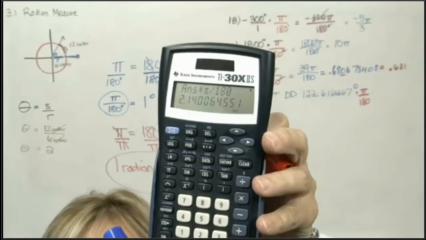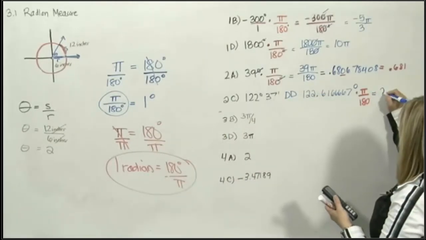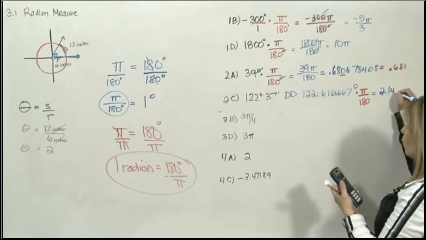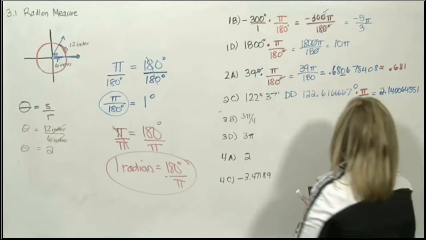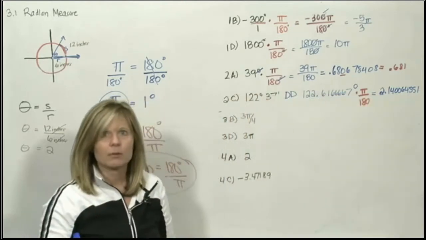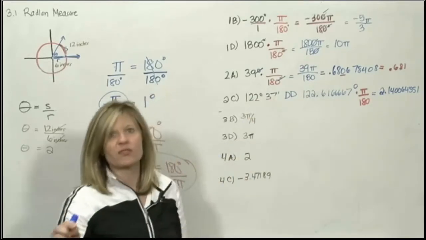Everybody see that? We will get out the decimal, and I'm going to write the whole thing, 2.140064551.